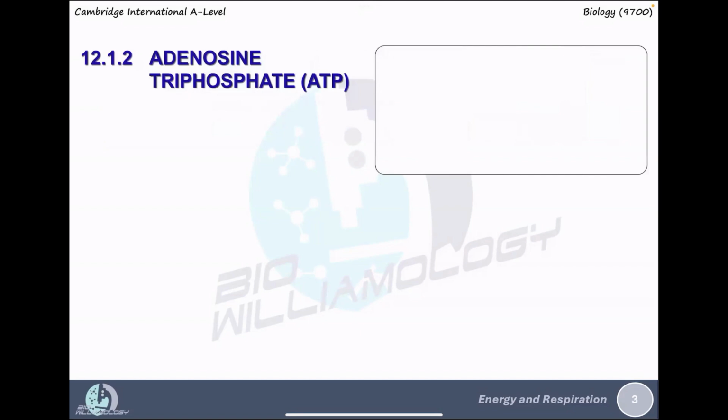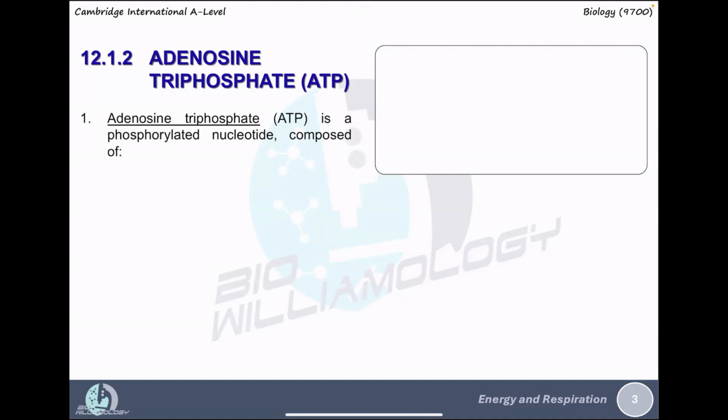ATP, adenosine triphosphate. A molecule of adenosine triphosphate, ATP, is a phosphorylated nucleotide, because a normal nucleotide consists of a nitrogenous base, one pentose sugar, as well as one phosphate group.